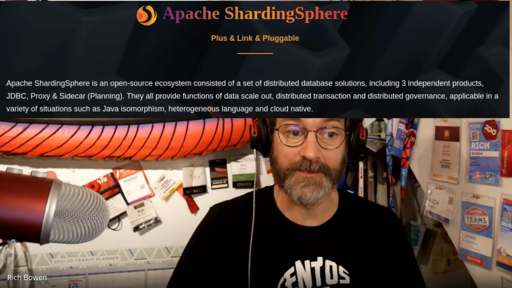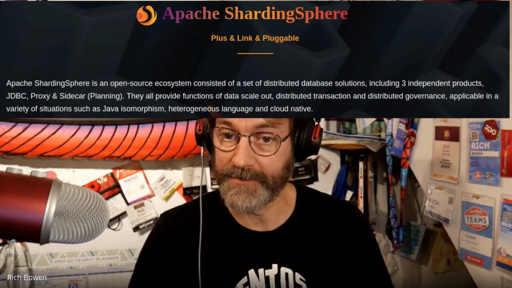So let's start with a description of what the project is. I see on the project website that it is an ecosystem of distributed databases. Can you give an overview of what problem this solves and who might use it?